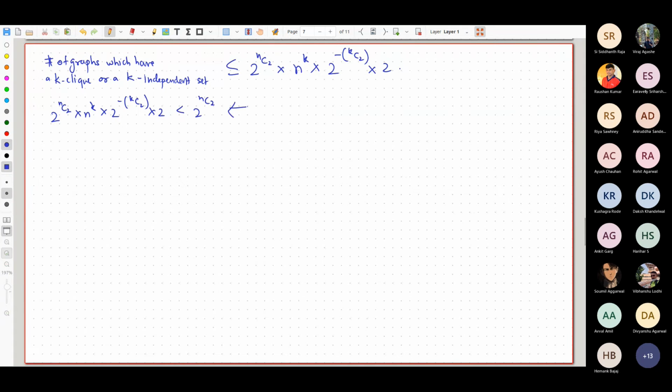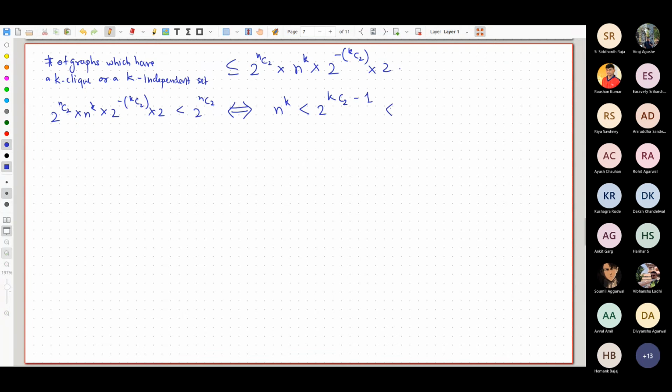When does this happen? This happens if and only if, let me cancel the 2 to the power n choose 2. What is left? n to the power k is strictly less than 2 to the power k choose 2 minus 1, right? So this I'm taking into the power.